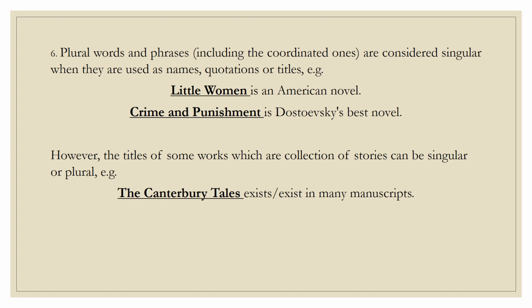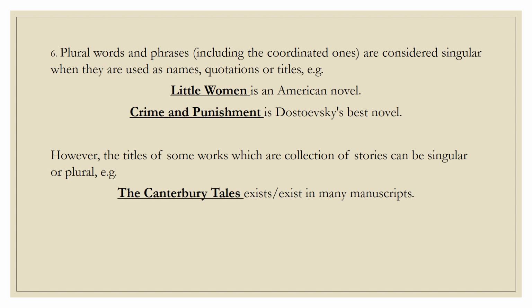Also, when you have titles coming in the form of coordinated nouns, coordinated words, you have two or three words joined by "and" or "or." So we call them coordinated, joined together. Usually we deal with such subjects as plural.